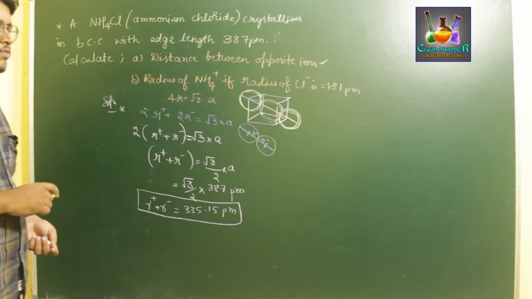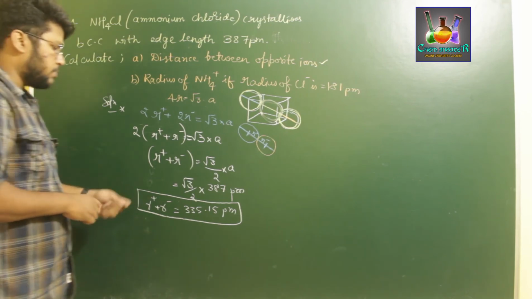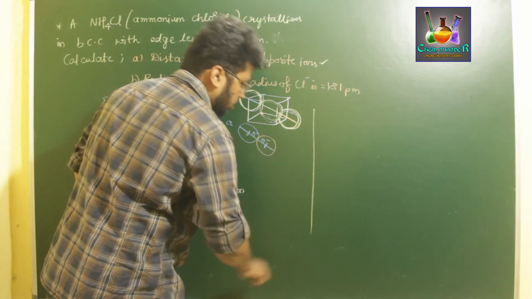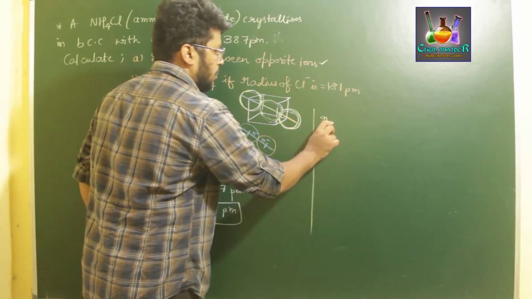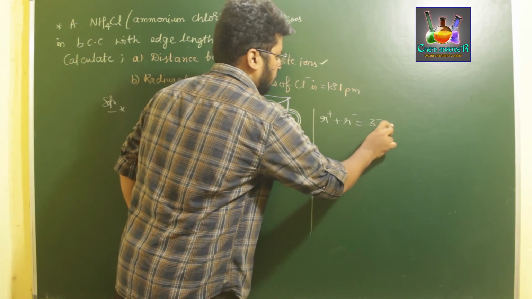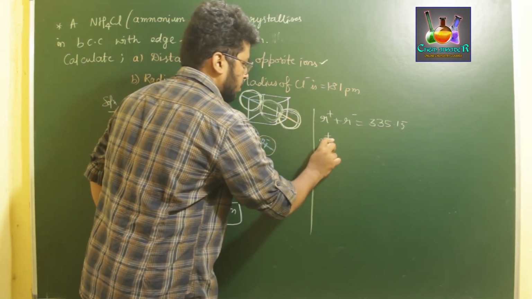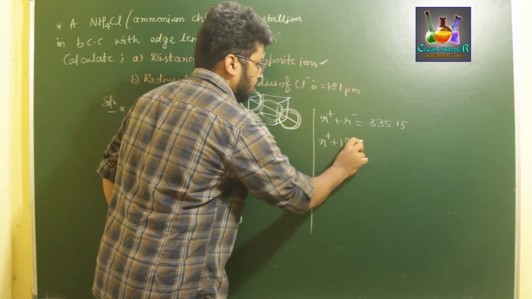Now we need to determine the radius of the ammonium ion, that is our cation. So we substitute: r plus plus r minus is equal to 335.15. The value of r minus is given as 181 picometer.